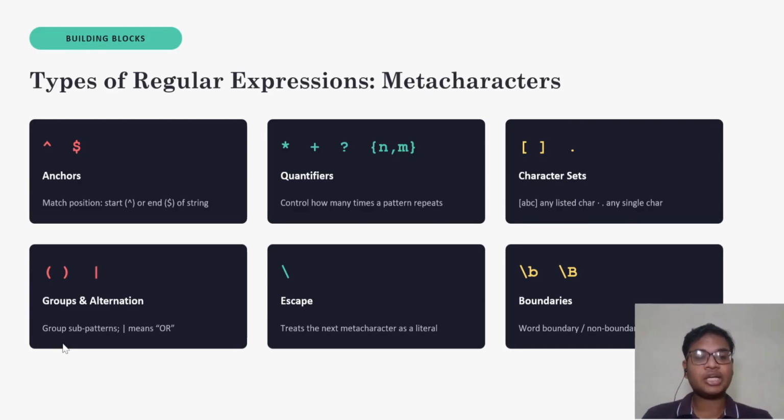After that we have groups and alternation. These two signs are meant for grouping subpatterns, like an or. Then there is the escape, which treats the next metacharacter as a literal. Remember, there are also boundaries, backslash b and backslash capital B, meaning word boundary or non-boundary position. So these are the whole types of regular expression metacharacters.